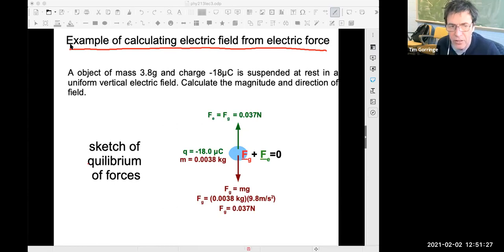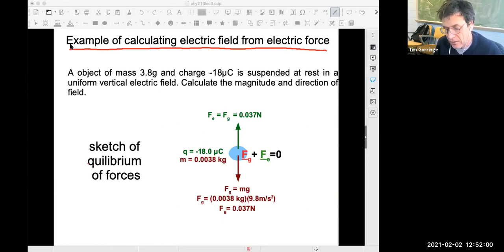And what we're told in this problem is that we've got an object. It has a certain mass, 3.8 grams. It has a certain charge, minus 18 microcoulombs. And it's suspended in midair in a uniform electrical field that we've somehow manufactured.